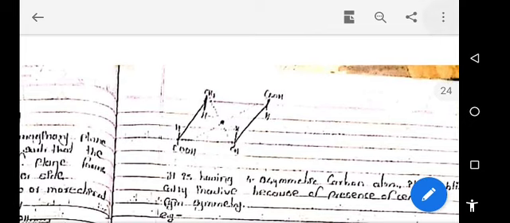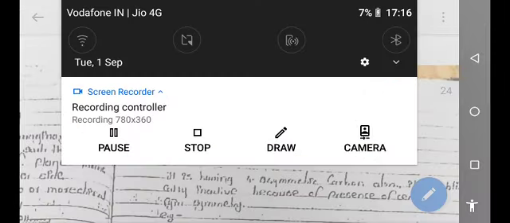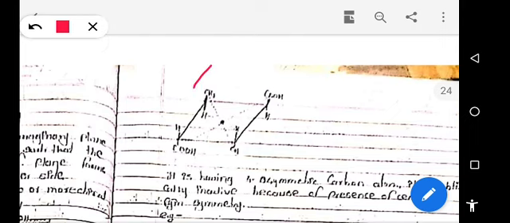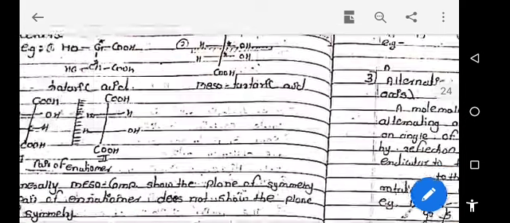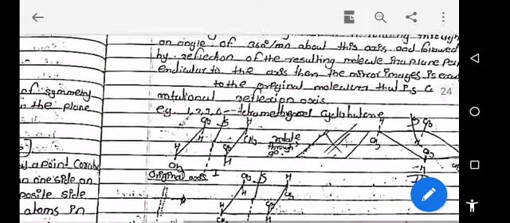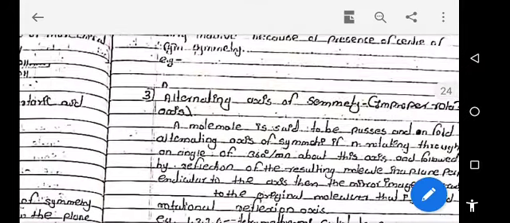We can understand it easily by looking at this CH3 exactly opposite to this CH3, this H exactly opposite to this H, this COOH exactly opposite to this COOH, and this H exactly opposite to this H. These are the center of symmetry.